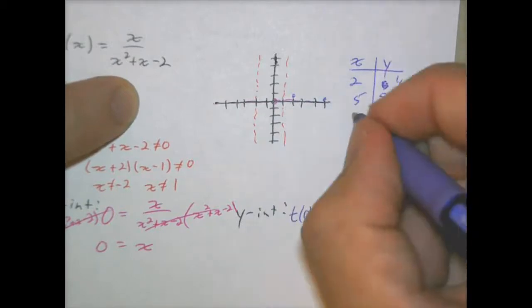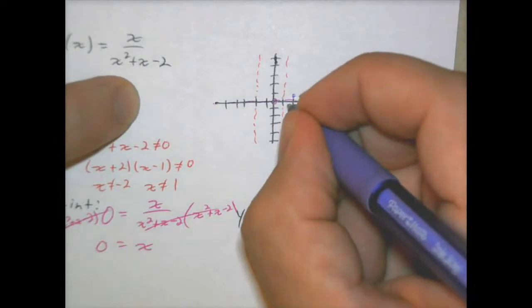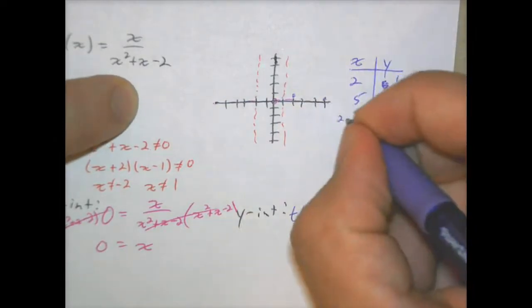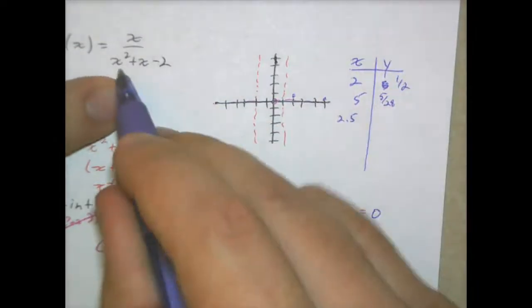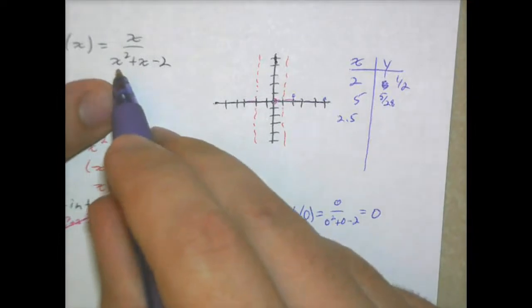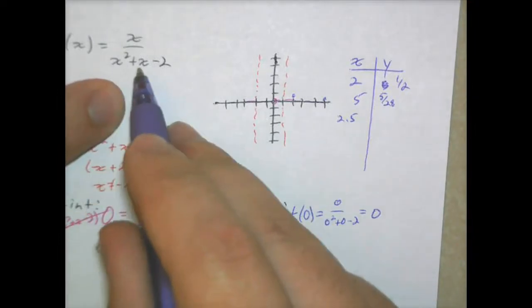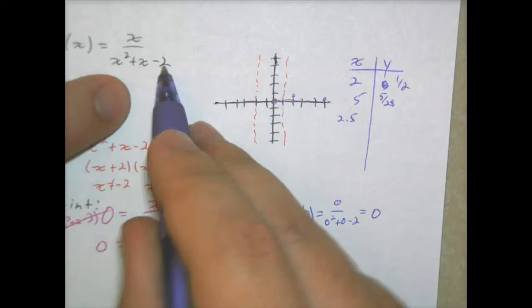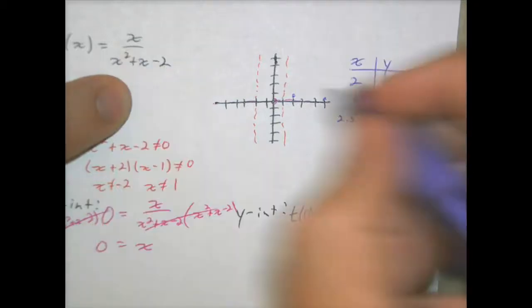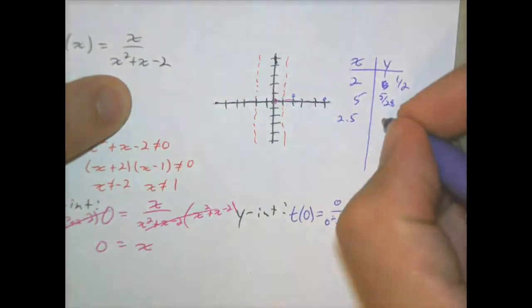I'm going to check 2.5 just to make sure that goes up. Sometimes they go back down. So if I do 2.5, 2.5 squared is 6.25, I believe, plus that 7.25. So that's going to be going up. We are going to be positive.